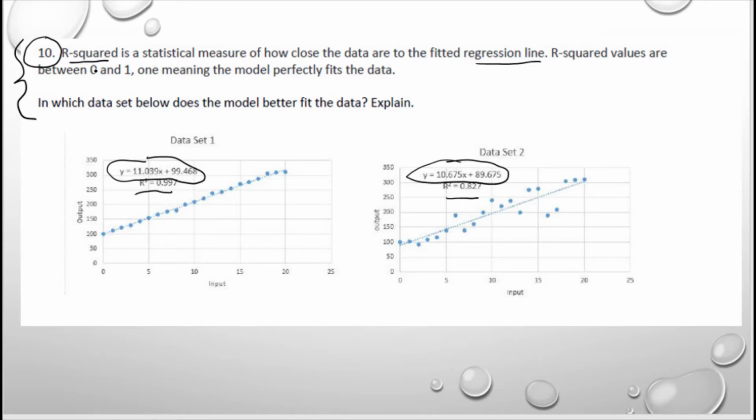R squared values are between 0 and 1, they can be anywhere between 0 and 1, with 1 being a perfect fit. And something like a 0.7 is darn good.